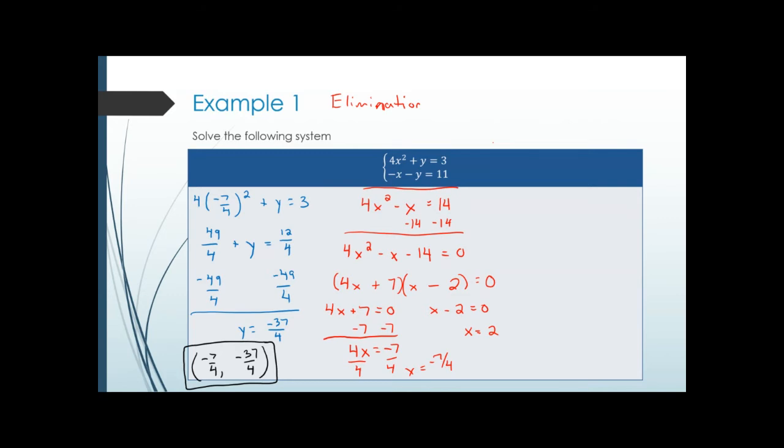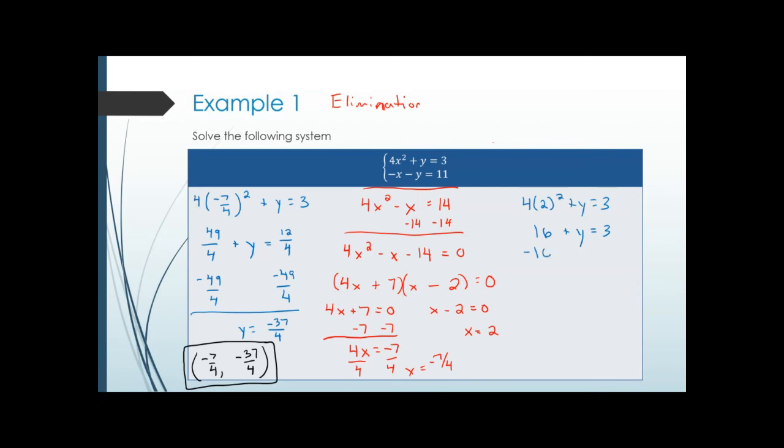And now we have a second solution because we have a second x value, x equals 2. So I'm going to use the same equation and plug in 2 for x. So 2 squared is 4. 4 times 4 is 16. So that's going to give me 16 plus y equals 3.